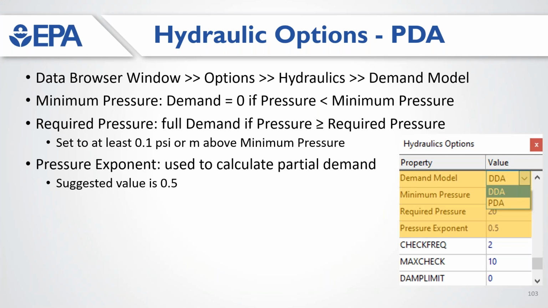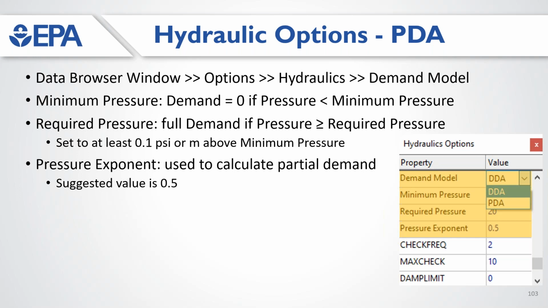EPANET by default performs demand-dependent analysis, DDA, which is computationally easier than pressure-dependent analysis, but less realistic. The demand model can be changed to PDA in the hydraulics options. PDA requires some extra properties to be set in the hydraulics options. Obviously, it requires changing the demand model to PDA instead of DDA. But there's also the minimum pressure, which is the pressure below which no demand can be delivered.